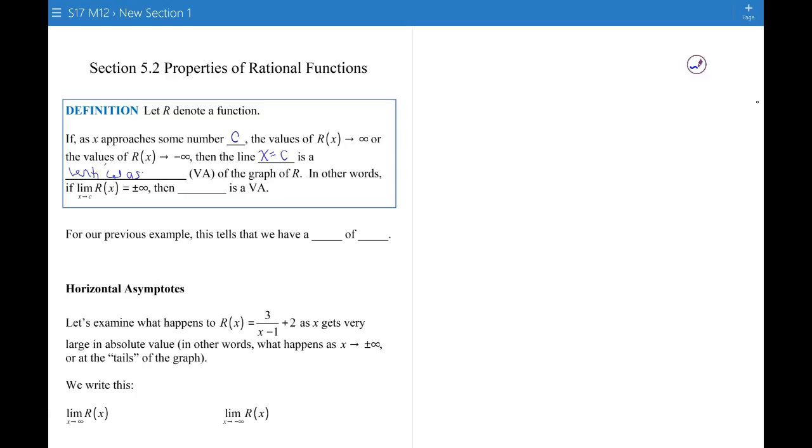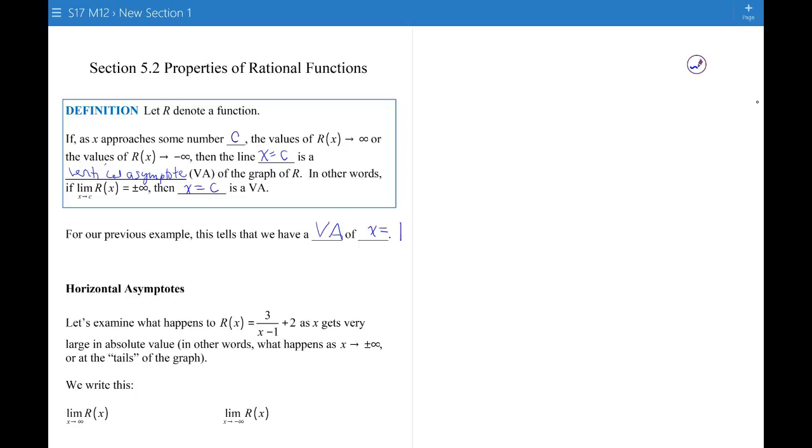And you never have to write that out again. You can use VA. So if the limit as x goes to c is plus or minus infinity, then x equals c is a vertical asymptote. So in our previous example, we have a vertical asymptote of x equals 1.